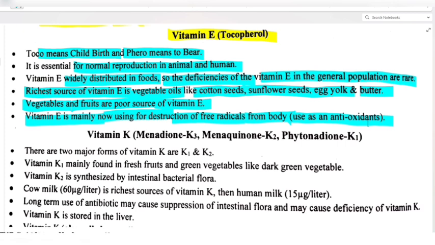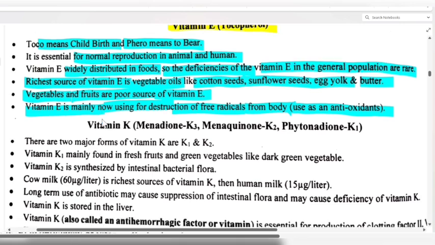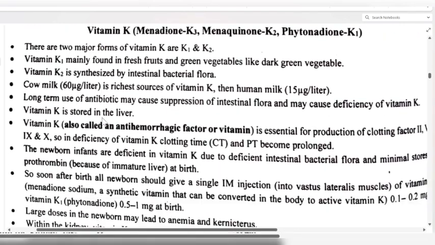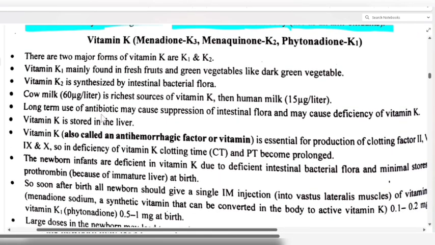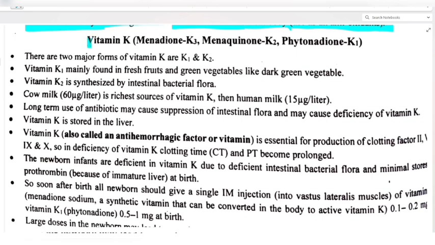Okay. Now coming to vitamin K, that is the last one of the fat soluble vitamins. So let's see. There are two major forms of vitamin K, K1 and K2. Vitamin K1 is mainly found in fresh fruits and green vegetables like dark green vegetables.